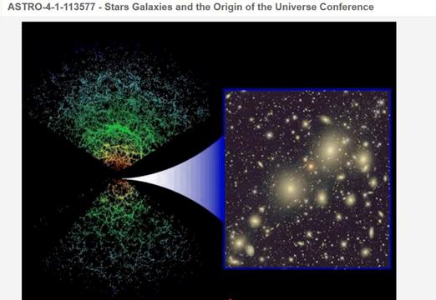And that's exactly what we see. So we see a mixture of filaments, sheets, and lumps. And that characterizes the large-scale topology of the universe. And that's exactly what you'd expect if the universe was dominated by cold dark matter.